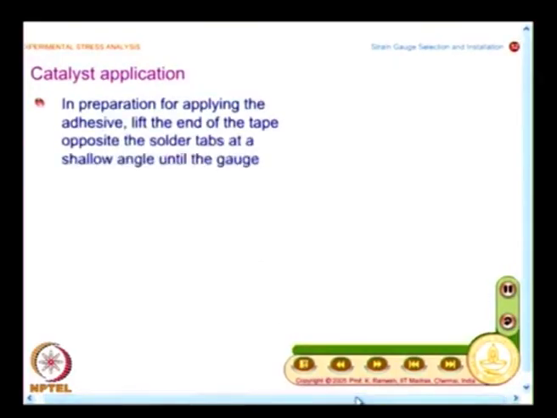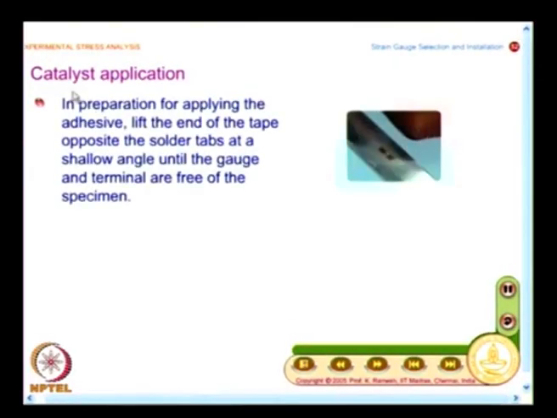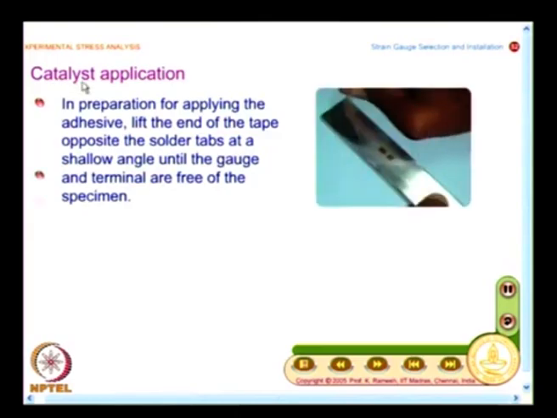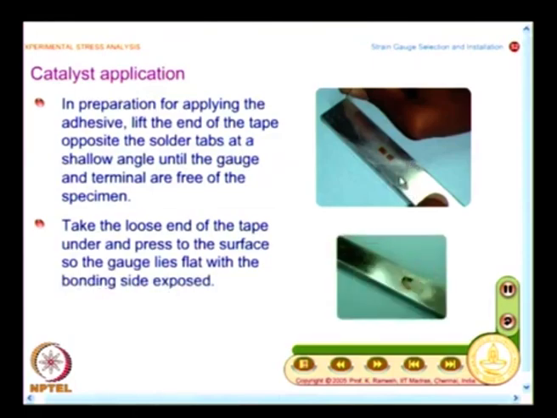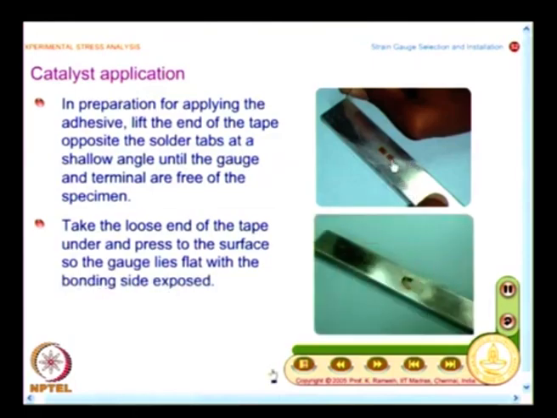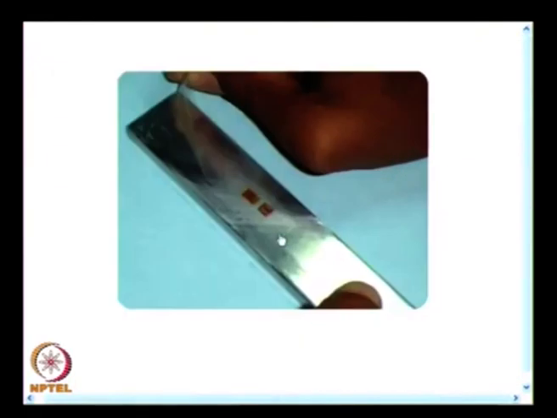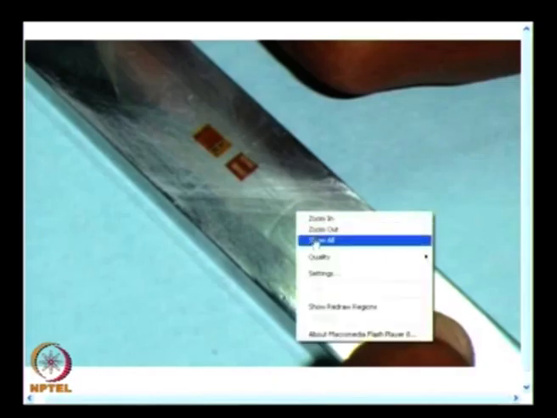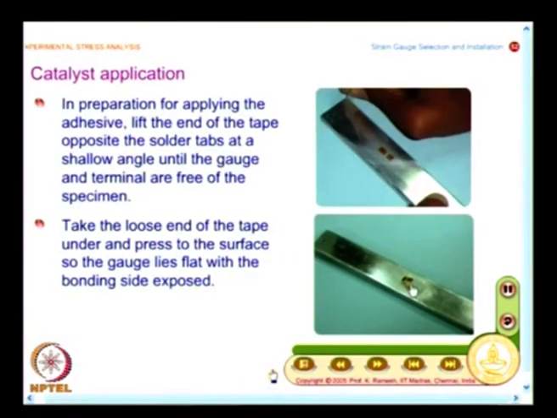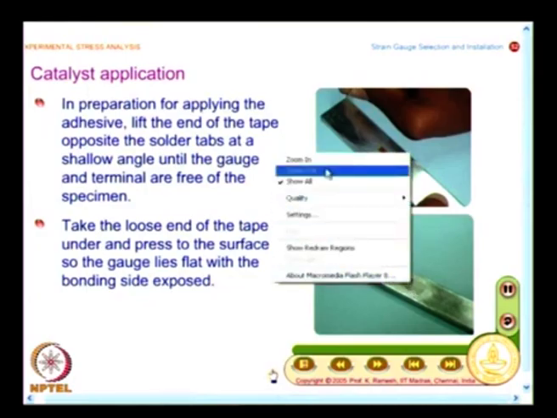And before we apply the adhesive, we need to apply catalyst. So, you carefully remove this from the surface, and that is what you see here, the tape is getting removed and you have to roll it back and fold it, and that is what is shown in the next slide.